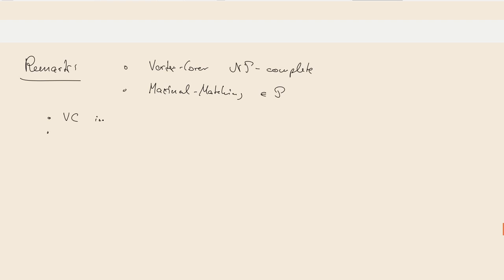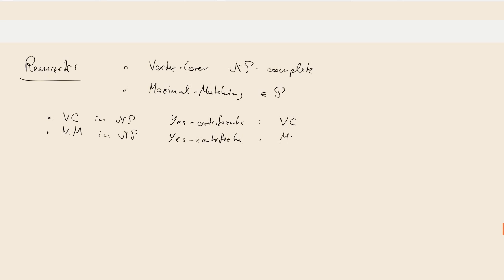First of all, vertex cover is in NP because there's a yes certificate, namely the vertex cover. The maximal matching is in NP because there's a yes certificate, which is the matching itself.